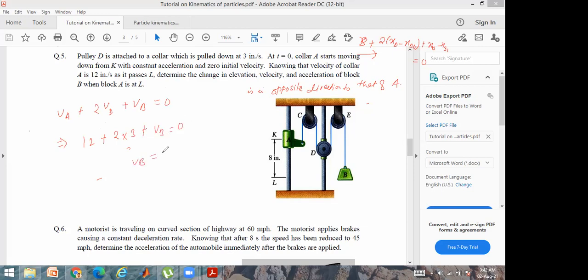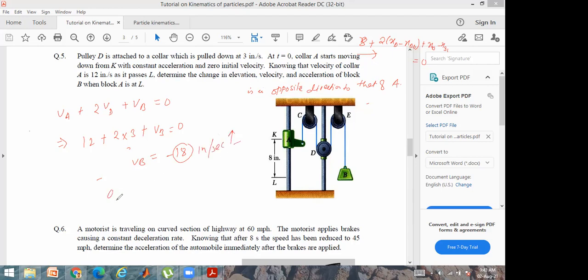This implies v_B equals 12 minus 6, and it's minus 18. Since the distance is upward, the velocity should also be upward. Therefore the velocity is 18 inches per second in the upward direction.